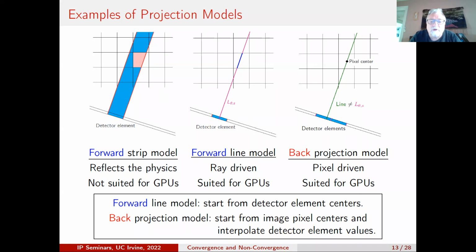When I talk to people in CT, they all say you should probably choose a pixel size of the same order as the size of the detectors. That is based on their experience over many years. I have no reason to doubt that this is a good choice, but I have not seen any theory that explains why it's a good choice.